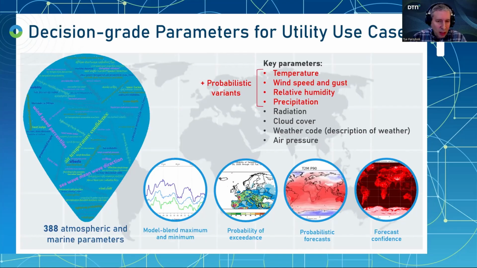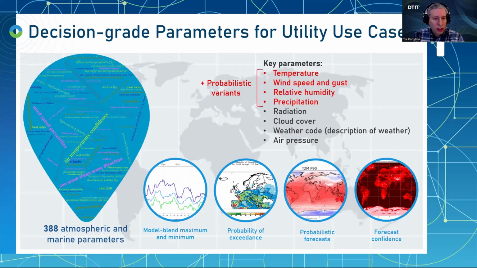Again, with this great sample size of input models, we can now calculate the probability of a certain temperature threshold, for instance, being exceeded. So if you're making decisions or regulating based off a 30 Celsius temperature threshold, we can now calculate the probability that it will be exceeded.